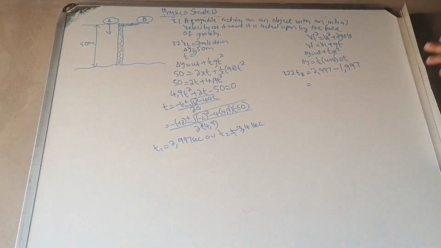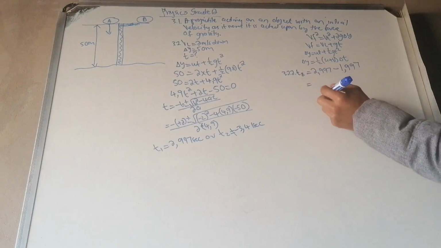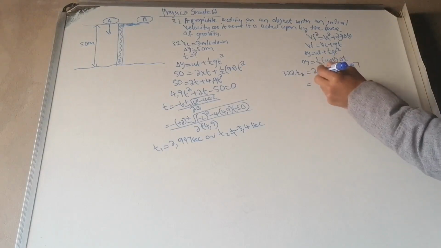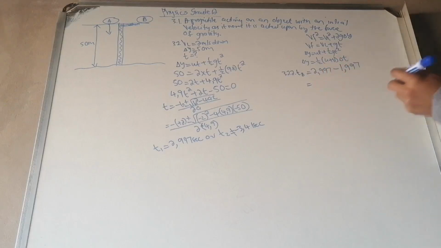Why am I cancelling 1.99 seconds? By doing that, what value do I get here? By cancelling that 1.99 second, I will get a value.